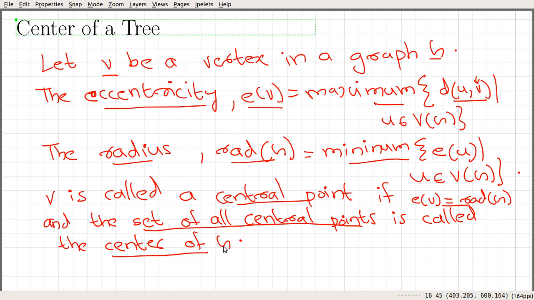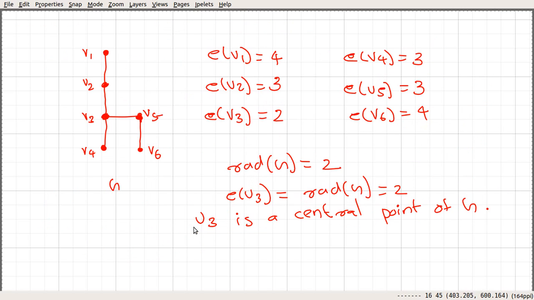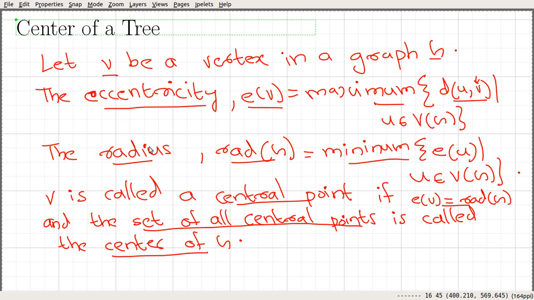Okay, for example, if you consider this graph, the center of this graph G is the set of all central points. This graph has only a single central point, so here this set contains V3.